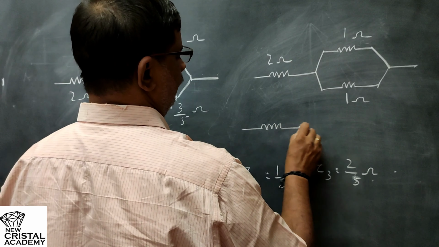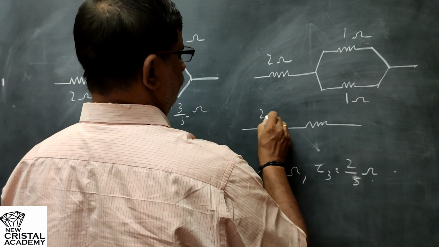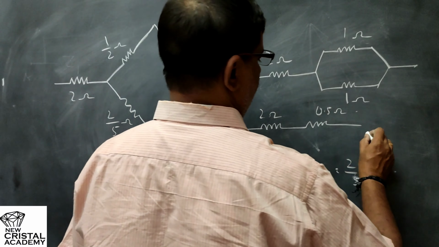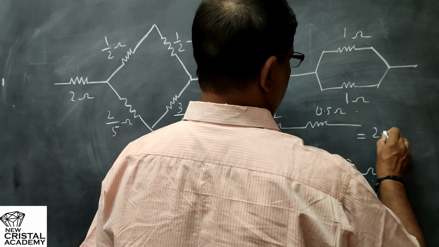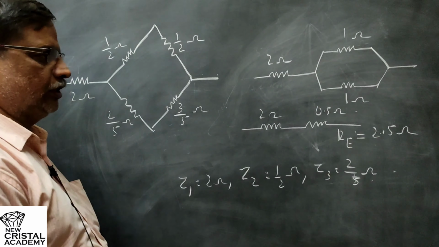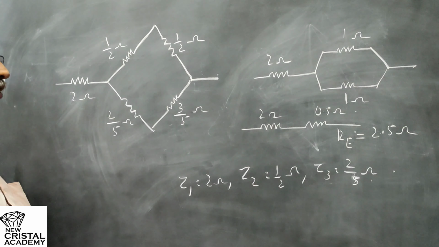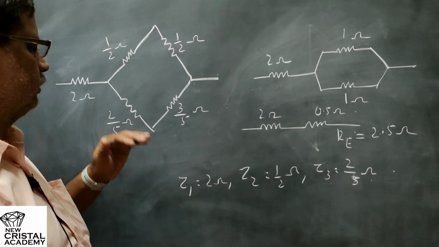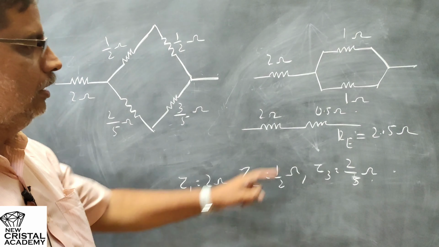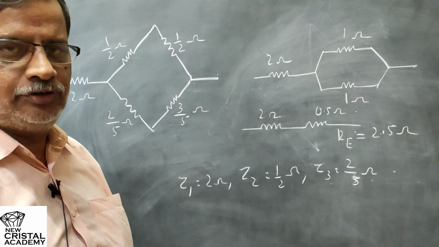So finally you have a 2 ohm and a 0.5 ohm in series. So the equivalent resistance of the circuit will be 2.5 ohm. That is our equivalent resistance of the circuit. So we have reduced a very complicated circuit into a simple form by using the delta to star conversion technique and obtain the equivalent resistance of the circuit.